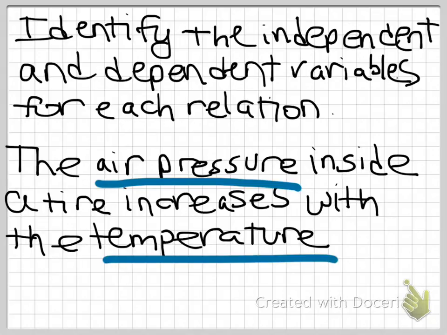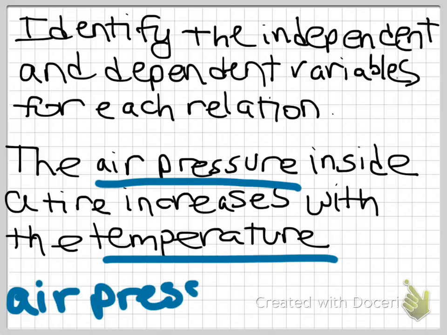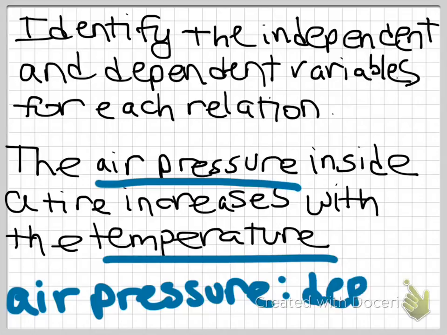So the air pressure is increasing with the temperature. That means the air pressure changes based on the temperature. So since it changes based on something else, that means the air pressure has to be dependent. It's called the dependent variable.